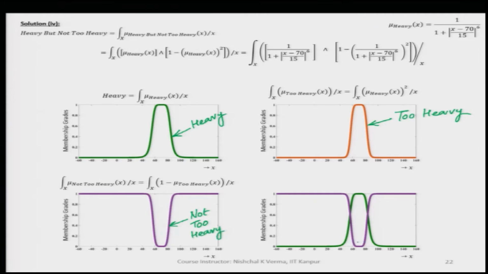For finding heavy but not too heavy, we have to use the connective but, and for but we use and, which means we are taking the intersection.